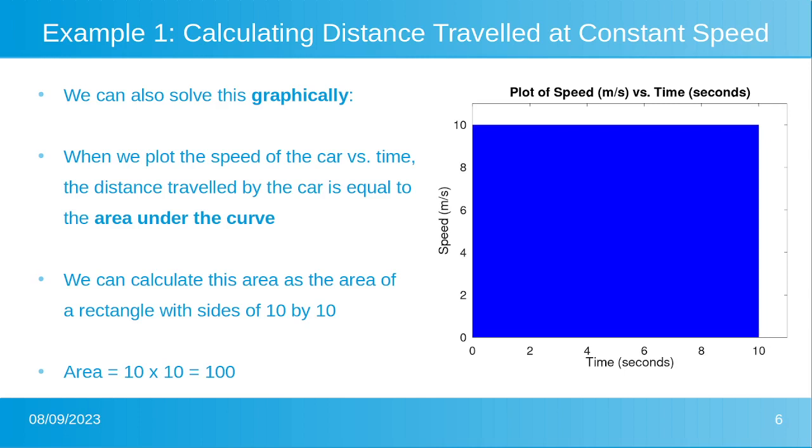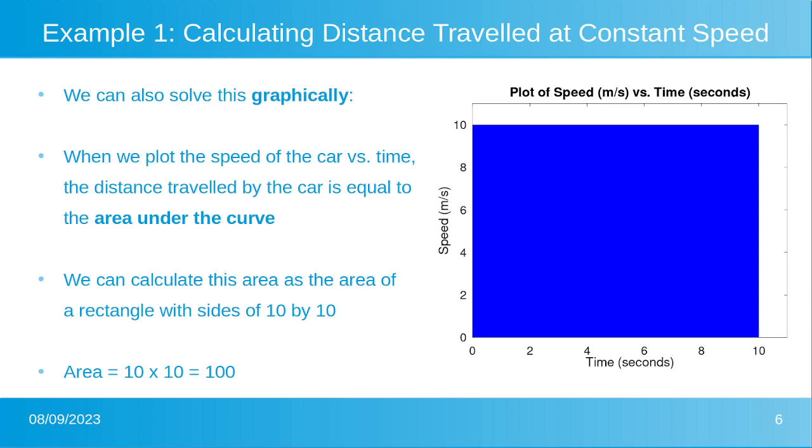Here on this graph, we've got a plot of speed in meters per second versus time in seconds. On our x-axis, we've got our time of 10 seconds, and on our y-axis, we've got our speed of 10 meters per second. The area underneath our curve is represented in the highlighted blue rectangle shape.